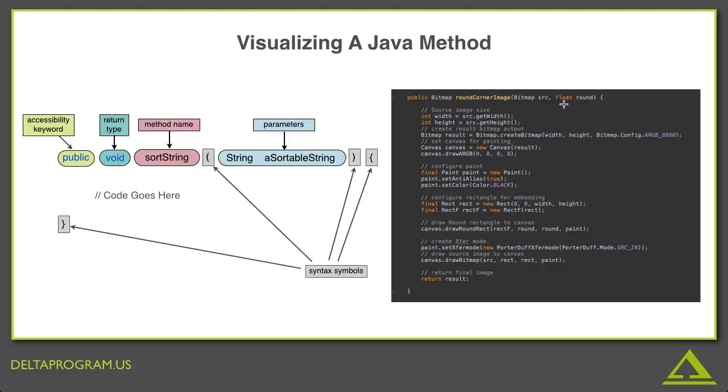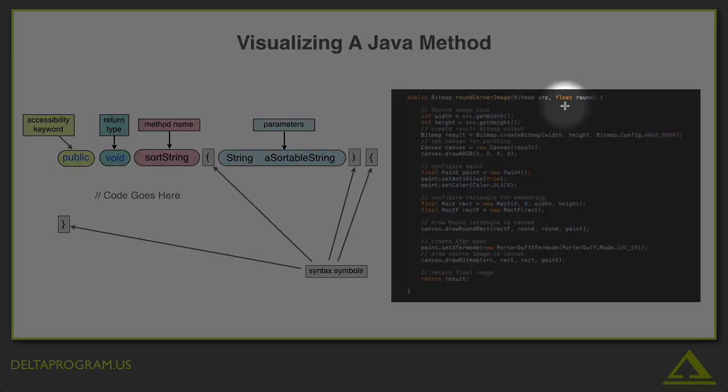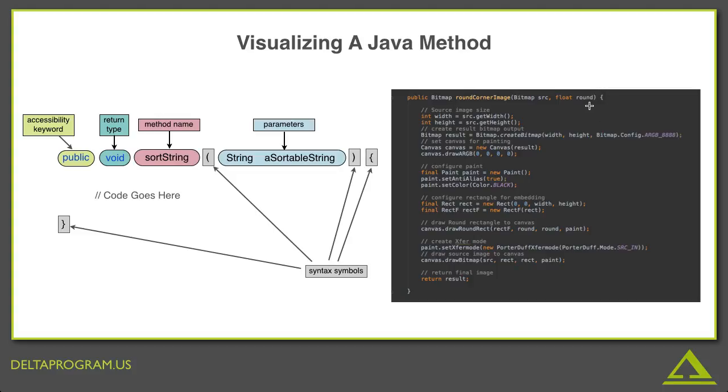In this case, a float. Now, a float is a specific type of number data. It actually gives you the ability to use decimals when defining a value. And here, we're going to refer to it as round. Now see if you can find the uses of the word round in between the braces.